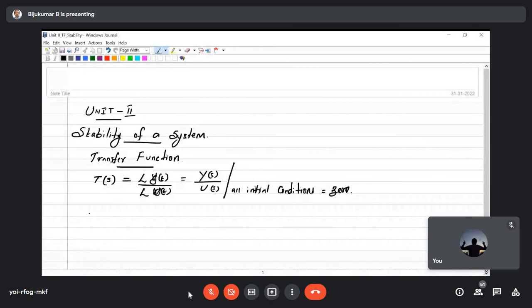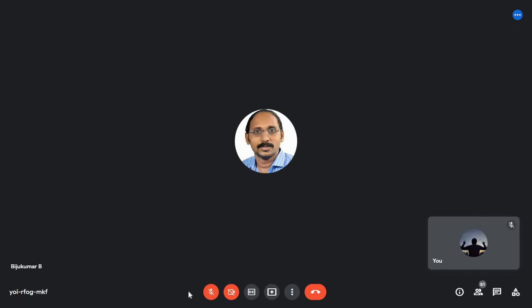Let it become, this is K, this is B. If I am applying the force F of T, let X of T be the output displacement. One second, one second. Is it okay now?